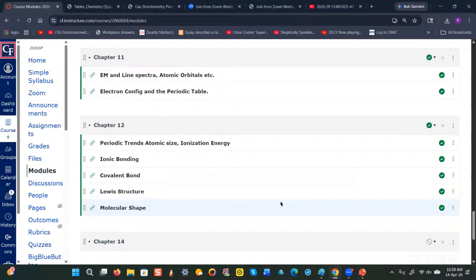Now, remember, the s sublevel only has one orbital. The p sublevel will have 3 orbitals, and each orbital will have a maximum of 2 electrons. So in the first shell, you have a 1s sublevel, the maximum capacity is 2. In the second shell, you have the 2s and the three 2p orbitals. So that's 2 in the 2s sublevel, 6 in the 2p sublevel. So the maximum is 8, right?